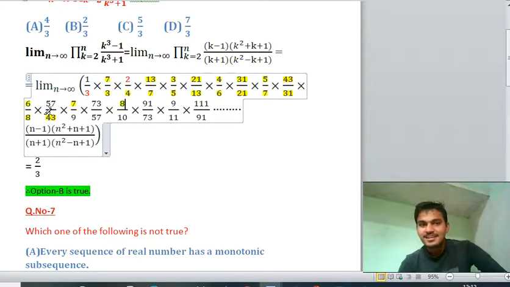Okay, so this is 9, this is 57, this is also 57. This is 57, and this is 9. There is also 9, you can see.